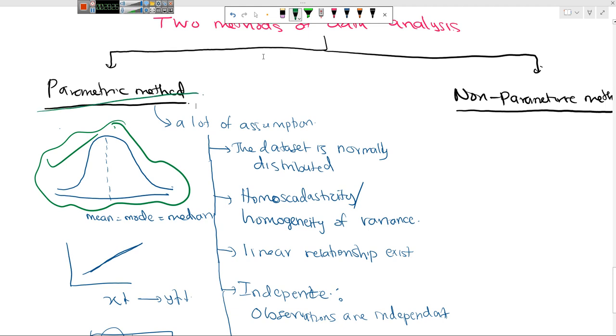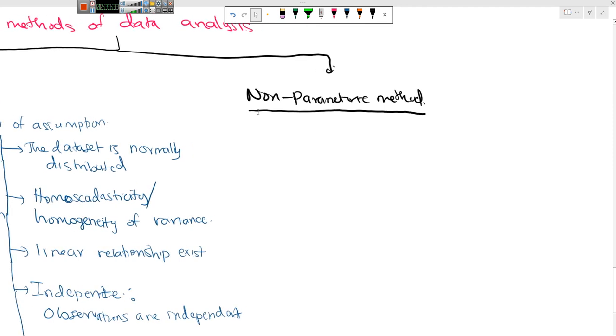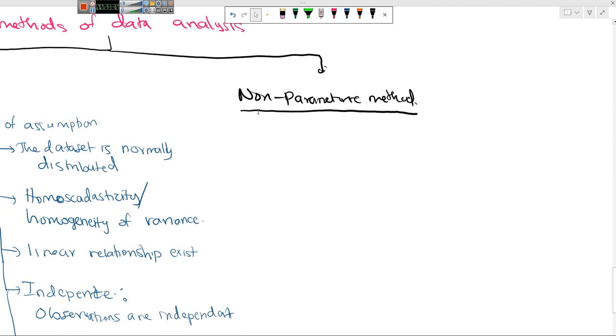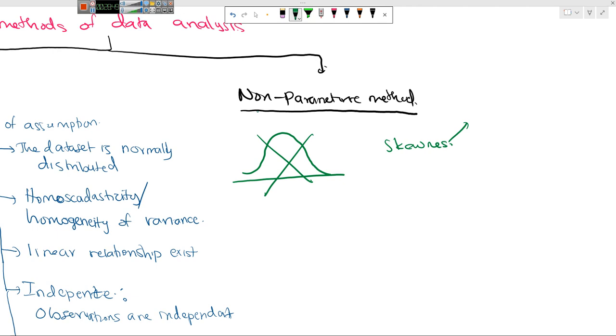But when the data set does not follow this type of distribution, let's say we do not have a normal or approximately normal distribution, so we have something like skewness, right? This might be positively skewed or negatively skewed. For skewness we might have some other reasons also. If the data set is not normally distributed, we will go for non-parametric methods.